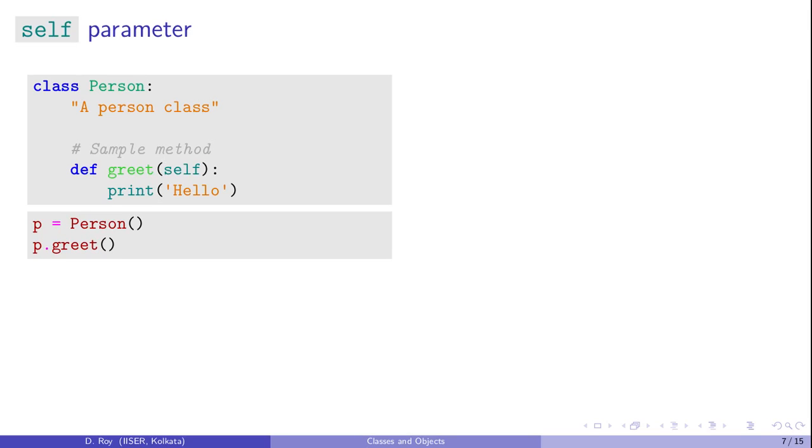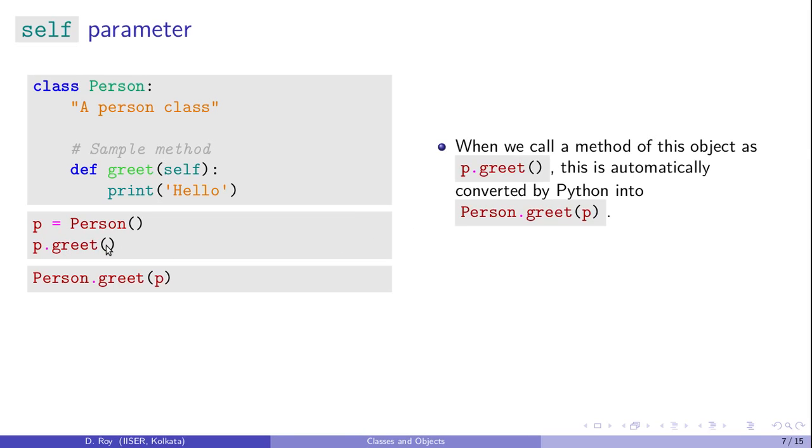Now let's look at the program, particularly the function attribute, once again. Here, while defining the function, as you can see, I have specified one parameter called self, but while calling that function I am not passing any parameters. This statement is equivalent to calling the greet function in this way.